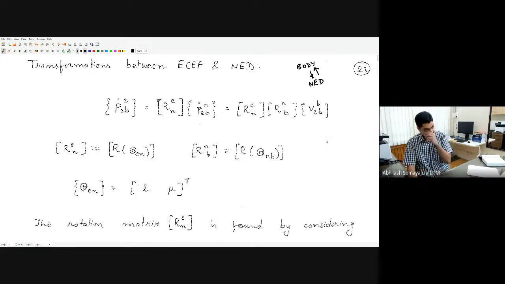But we also need to look at the transformation between the Earth-centered Earth-fixed coordinate system, ECEF, and the NED. This is sometimes required because some sensors do not necessarily measure quantities in the NED frame. For example, your GPS sensor does not measure the position of the craft in the NED frame, but rather in the Earth-centered Earth-fixed frame.